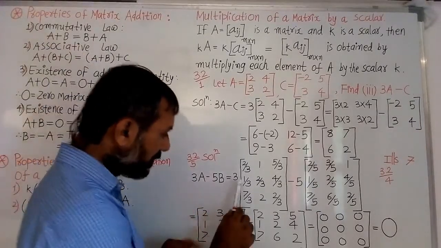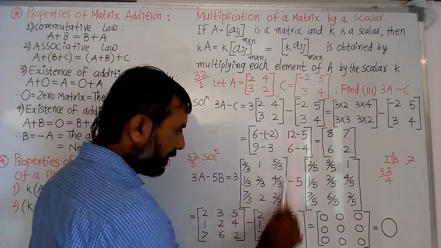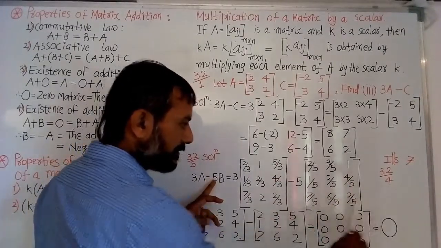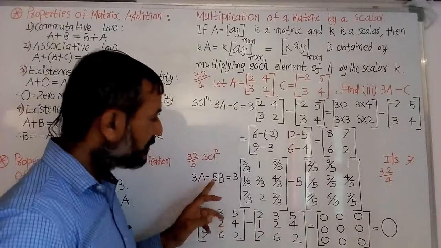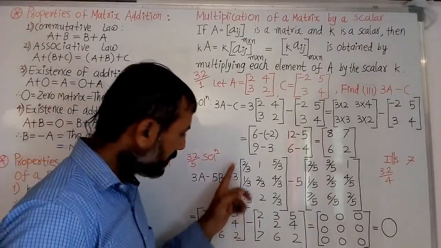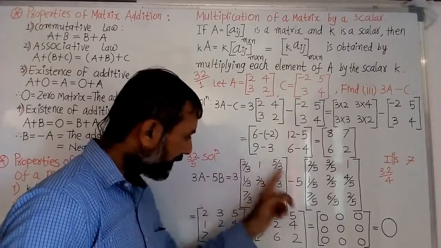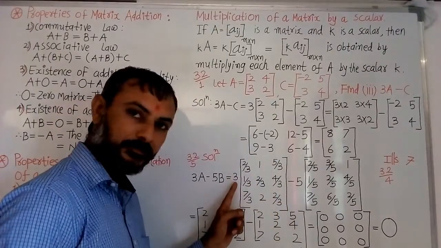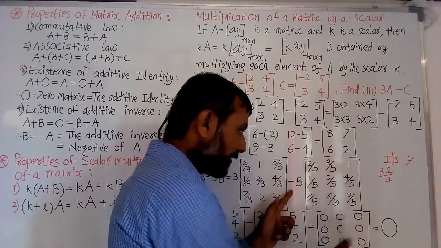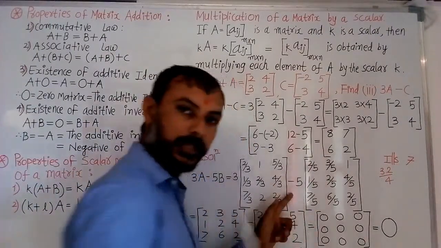So 3 into matrix A minus 5 into matrix B. So what we do? We multiply each element of matrix A by 3. Here we have to multiply each element of matrix B by 5.